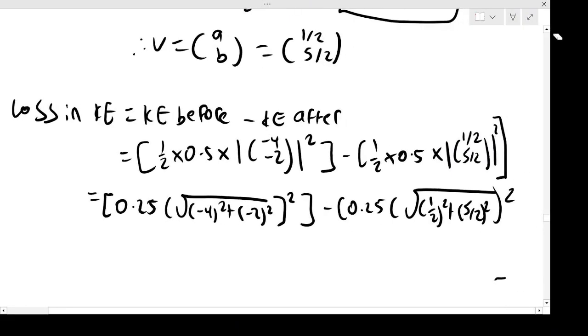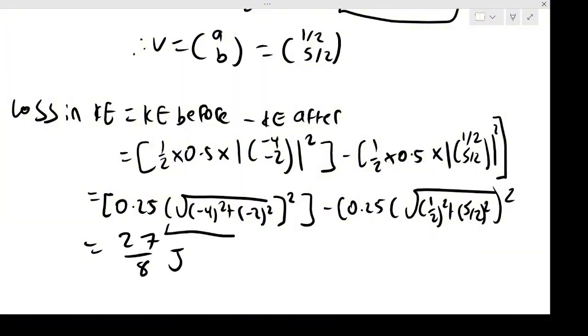Okay, so if we just put all of that in the calculator, we get 27 over 8 joules, and there we are.